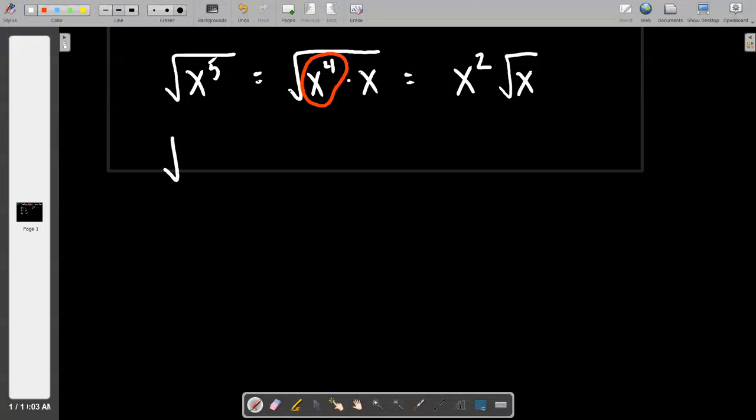It doesn't matter. Let's say we had like x to the 73rd. It's okay, because all you've got to do is think to yourself, okay, what's the biggest even number that I can get to right before I get to 73? So I break it into x to the 72nd times the obligatory leftover x to the 1. And what is the square root of x to the 72nd?